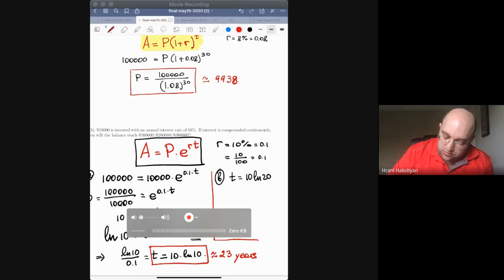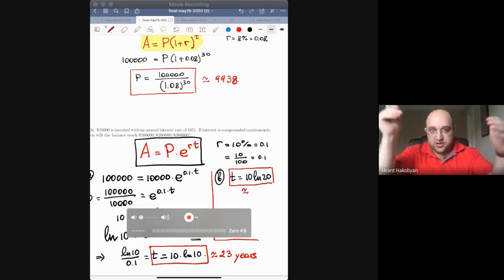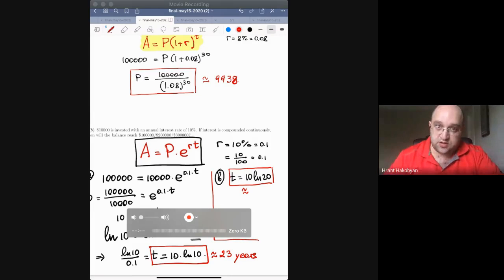Any guesses what that is? You had to wait 23 years to get to 100,000. It turns out that to get to 200,000, you just need to wait 7 more years, approximately 30 years.